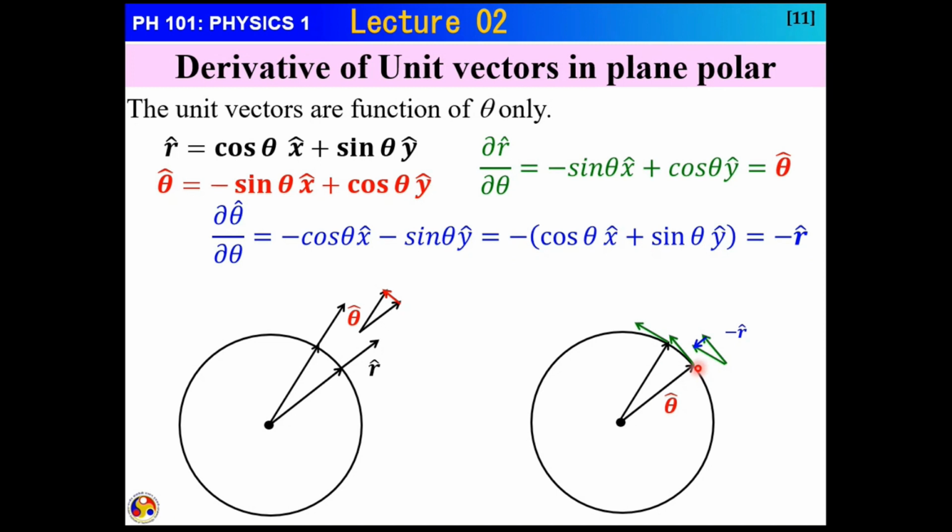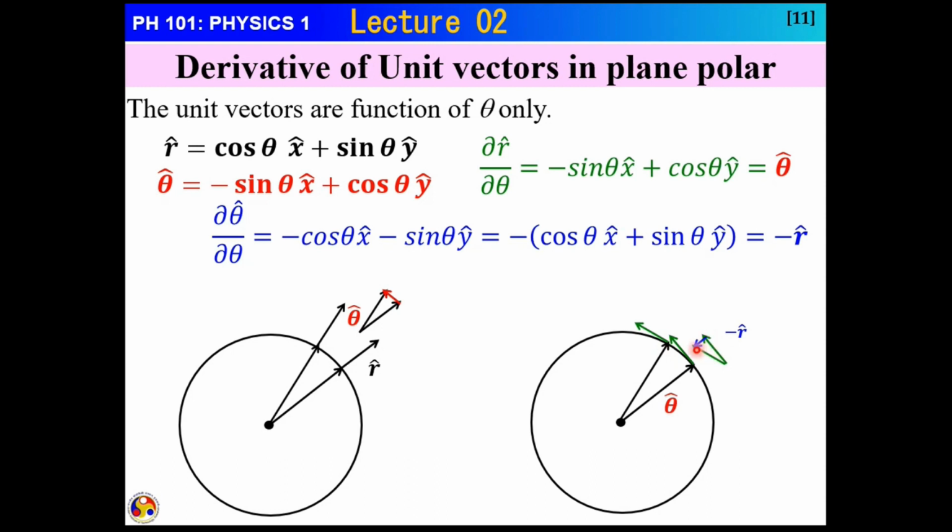Here we are initially at this point, and then we move by a small angle, and we want to find the difference between these two vectors, which are along the increasing theta direction at this point and at that point.